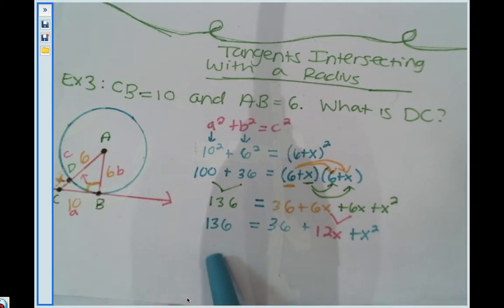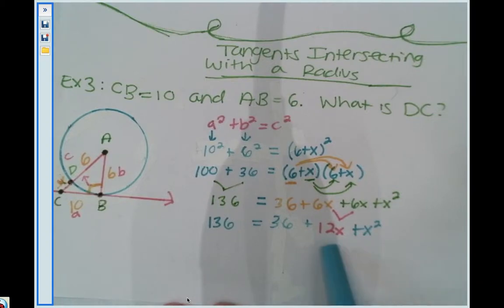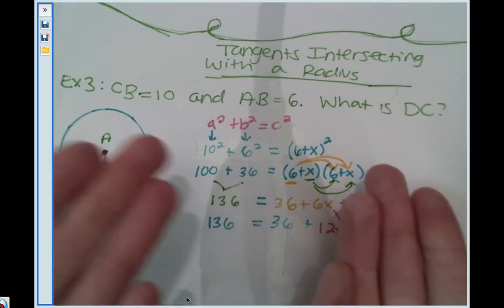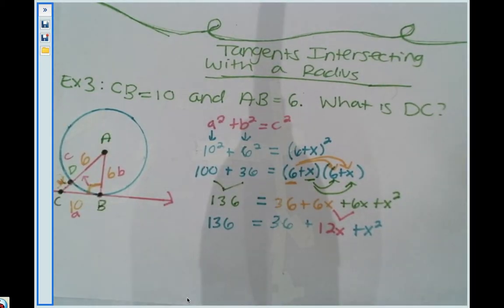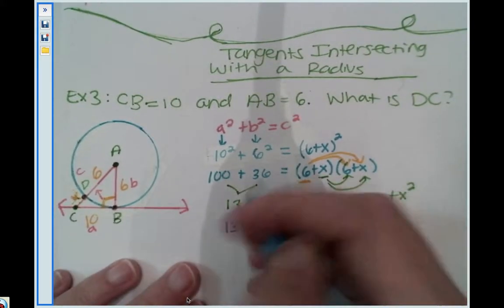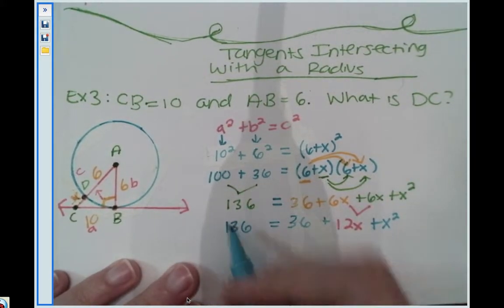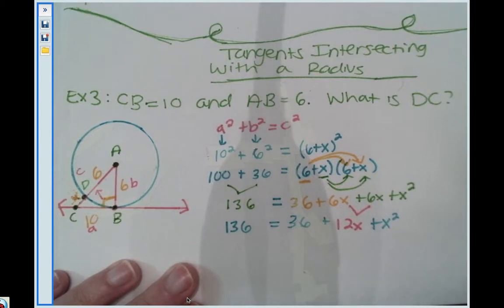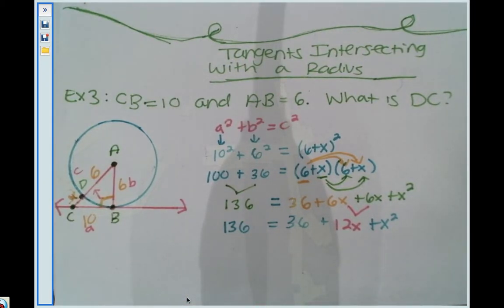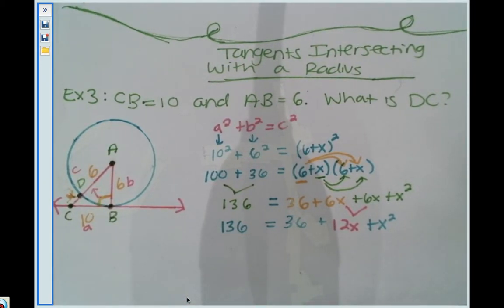This side has to be 0, so I need to move 136 to the other side. Guys, I'm actually going to rotate this equation around because I like my x to come first. So I'm going to rewrite this with x first, but I'm also going to move this over. So how do I move positive 136 to the other side? I would subtract it on both sides.